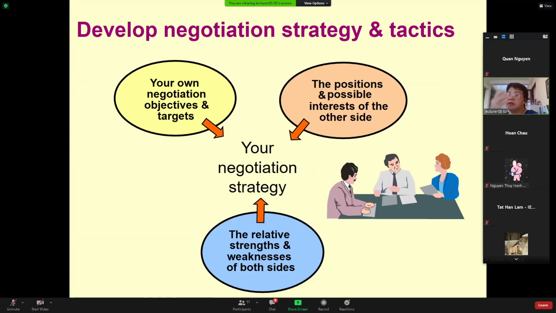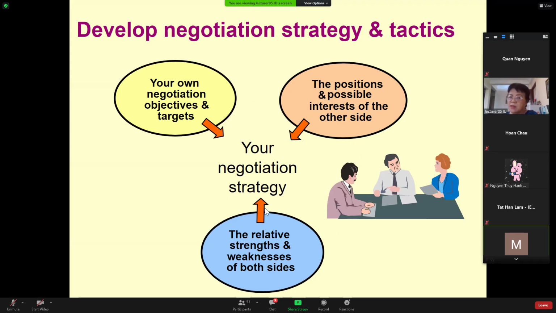After we understand our need and understand our opponent, we develop a negotiation strategy and tactics. That comes from your own negotiation objective, the position, the possible interest of the other side, the negotiation strategy, and the relative strength and weakness of both sides.